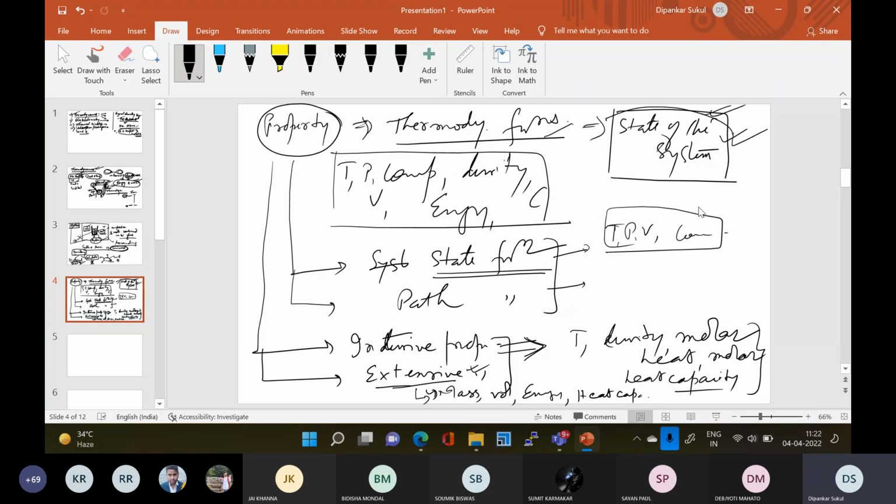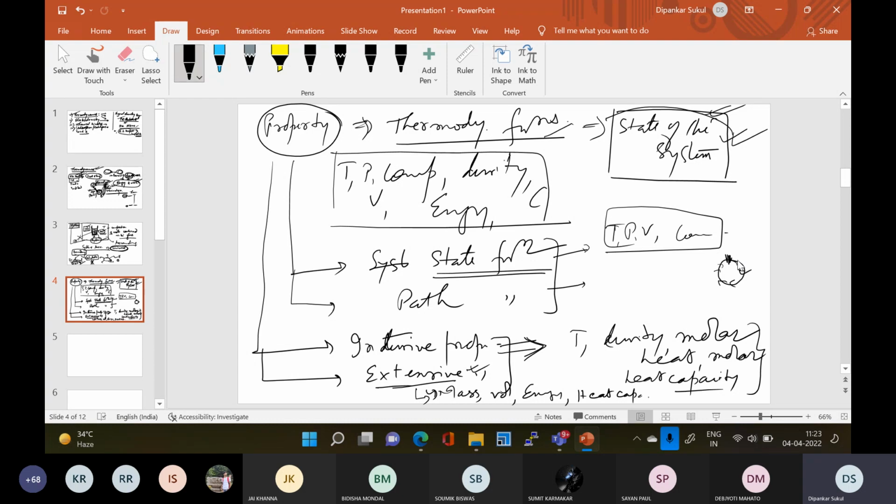At a particular state, it has some particular value. And if you consider a cyclic process, then after several intermediate steps, if it comes back to its initial state, it will have the same value.